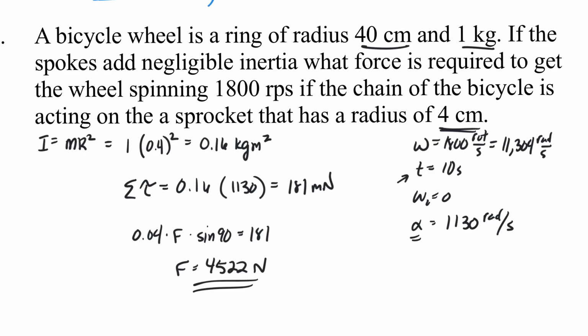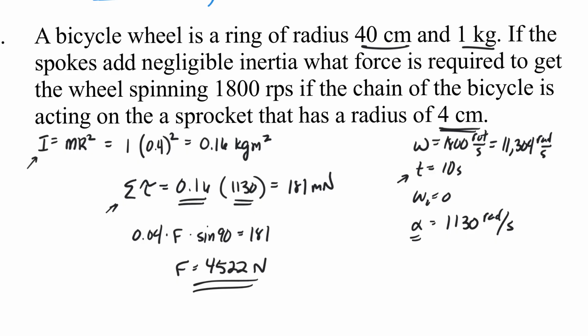Does that make sense? So then after that, moment of inertia, mr squared. Net torque equals I alpha. So we use the moment of inertia that we calculated from the prior part, and we use the acceleration to figure out what the net torque was at 181 meter newtons.